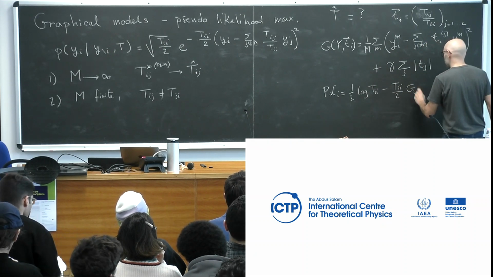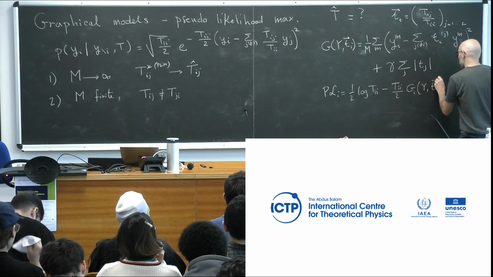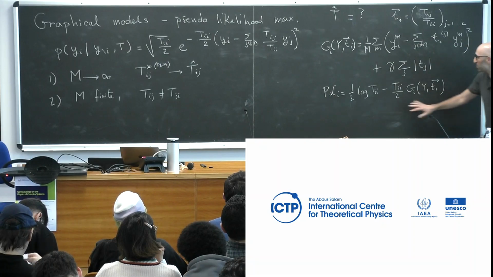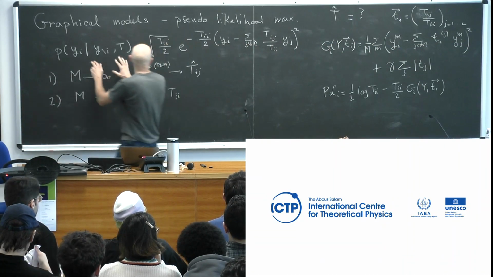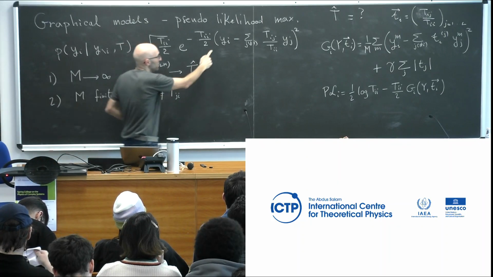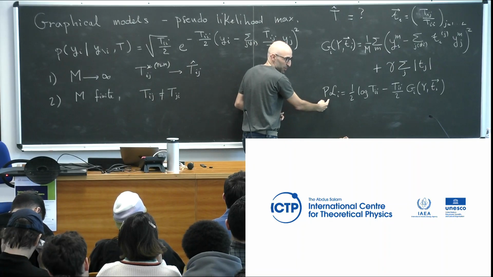Okay? Can you repeat really briefly what G was? Yes. So I compute the pseudo-likelihood, which means this is my conditional probability. I take the log, and I average the log over the data. And this is my pseudo-likelihood.